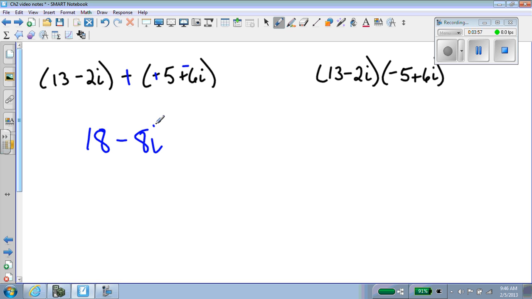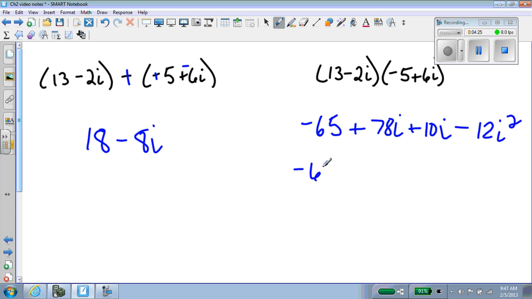Multiplying is like multiplying two binomials, because they are. There's a real and an imaginary, a real and an imaginary, so they're binomials. So 13 times -5 would be -65, plus 13 times 6, that would be 78i. -2i times -5, so plus 10i, minus 12i squared.